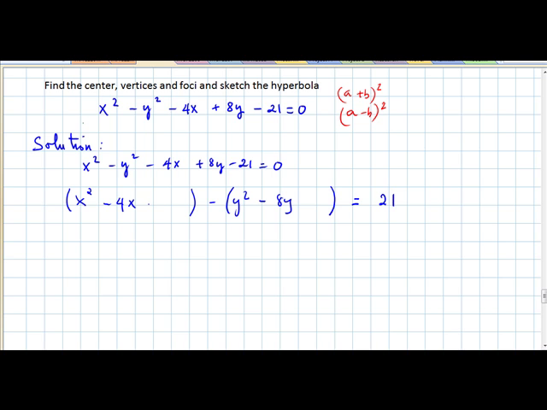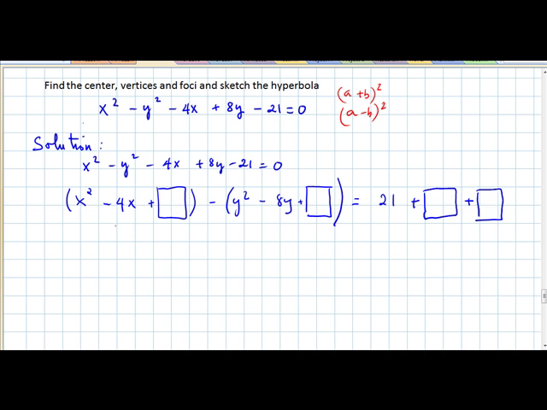Now to complete the square, I need this term here, and I need this term right there. So I'm going to remind myself, I'm just going to draw over here. To complete the square, I need a term here. To do that, we look at the 4.